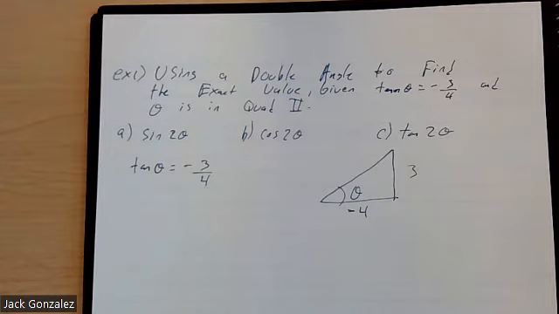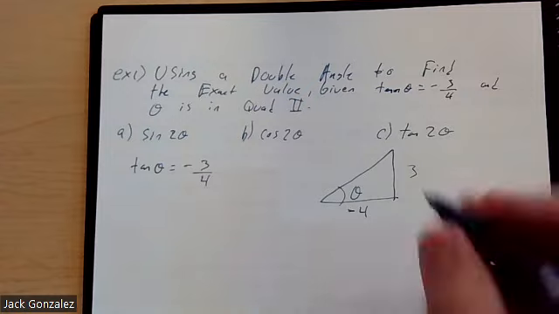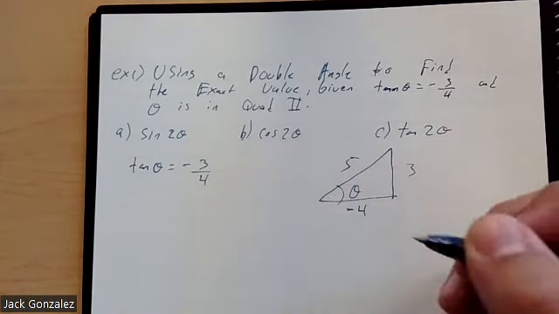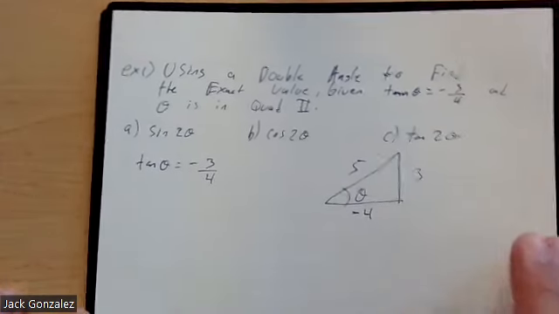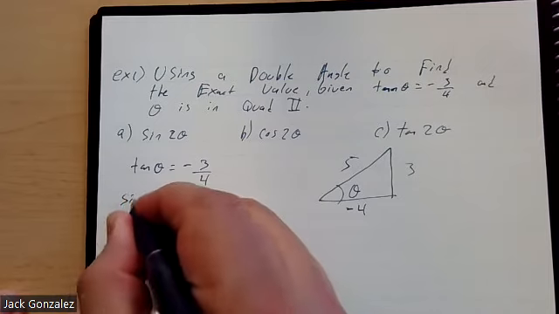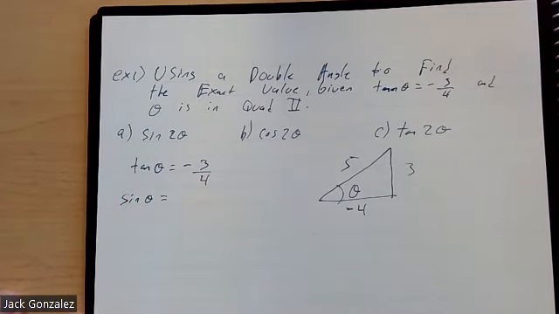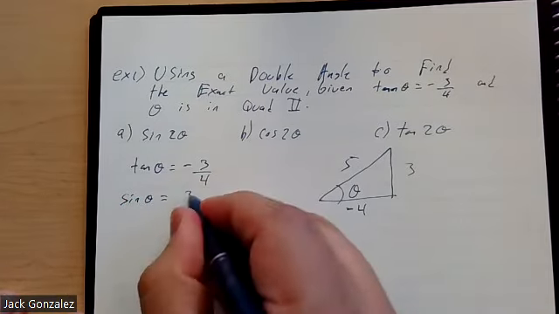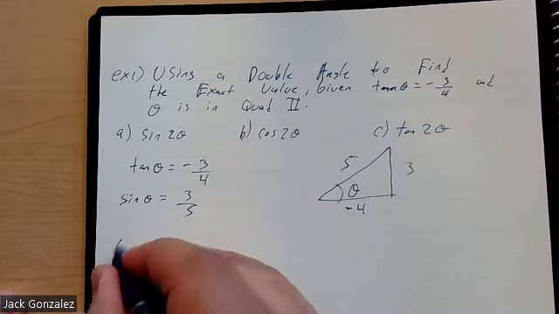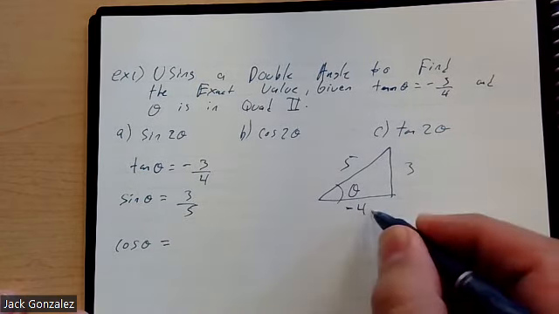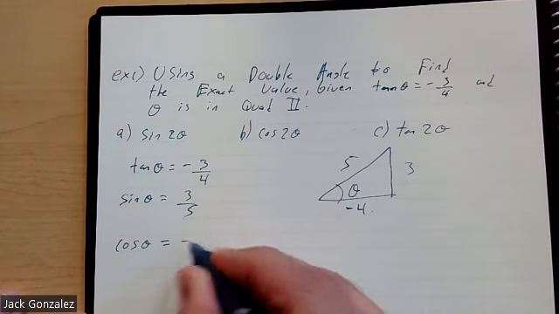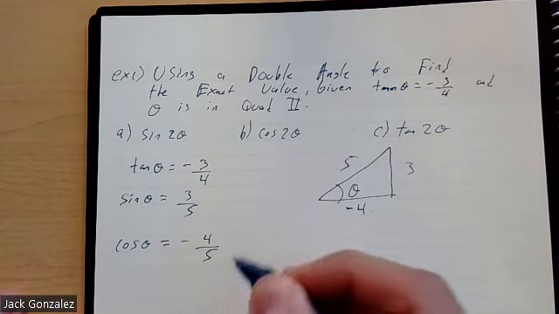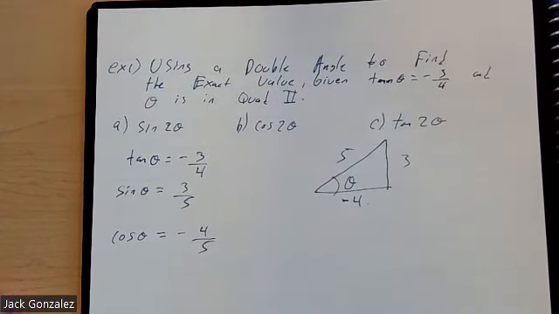This is the magic triangle, 3, 4, 5. So you don't have to solve for it, but if you do, it's going to be a 5. Either way, I don't care how you do it. Find sine. That'll be 3 over 5. Cosine is adjacent over hypotenuse. Are there any questions on this step? Is that okay?